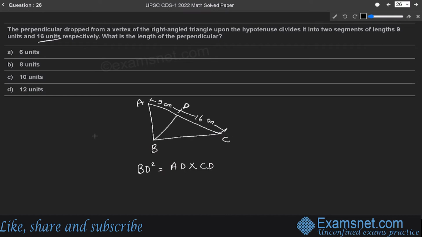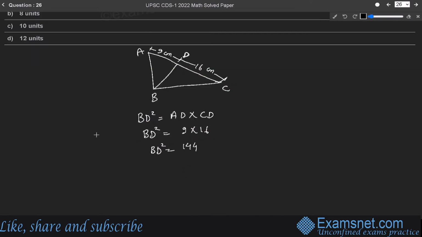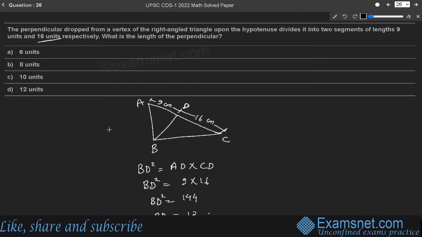So putting the values here, BD square will be equal to 9 into 16. BD square will be equal to 144. So the value of BD will be 12. So we can say that the required length of the perpendicular is 12 units. So the correct option for this question is option D.